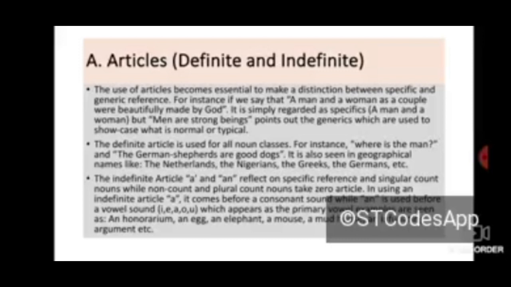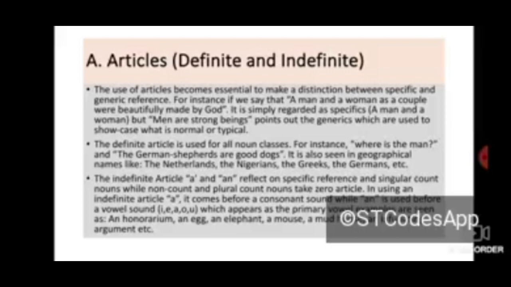The indefinite article a comes before a consonant sound, while an is used before a vowel sound.